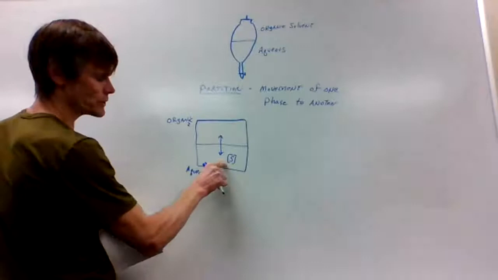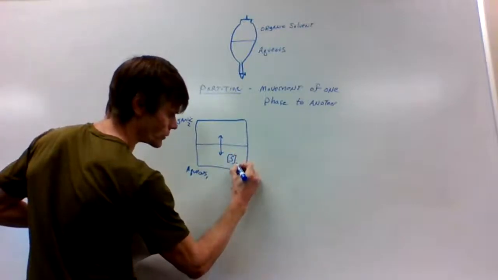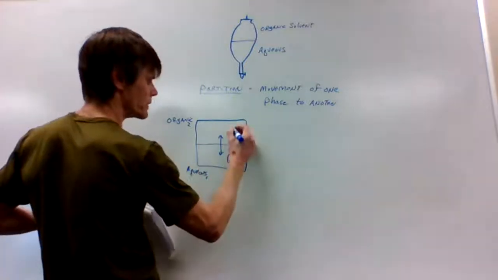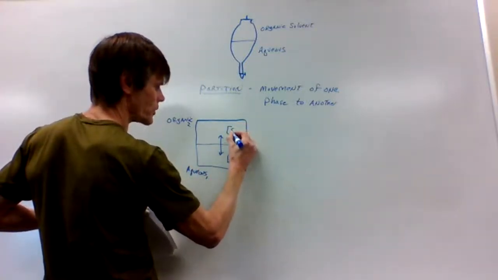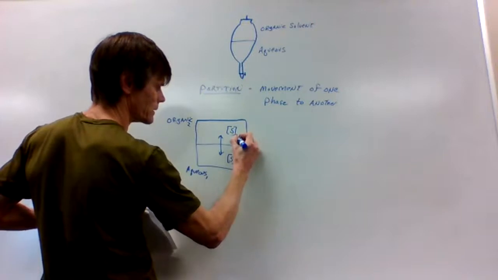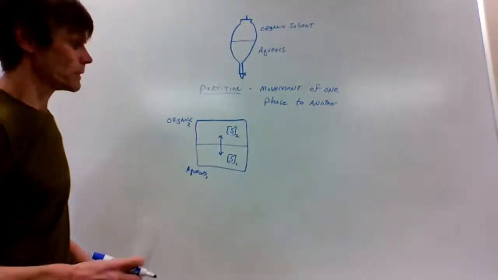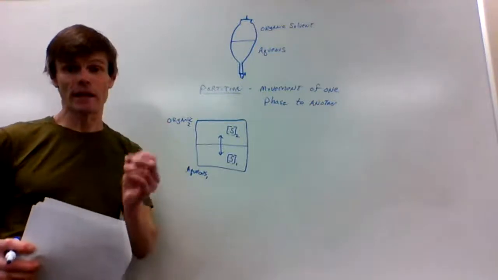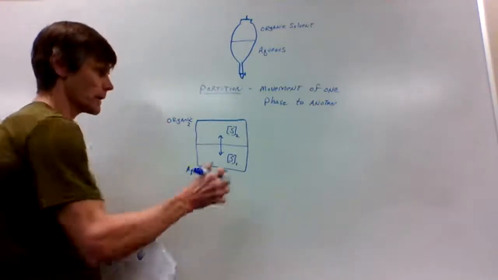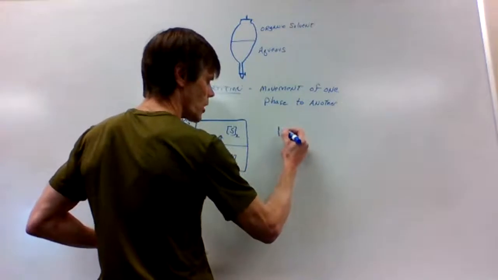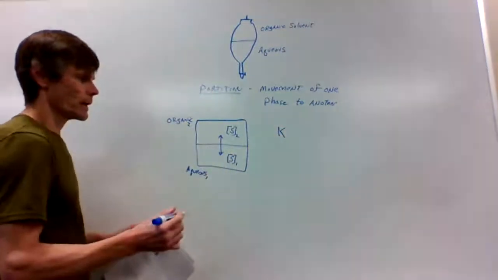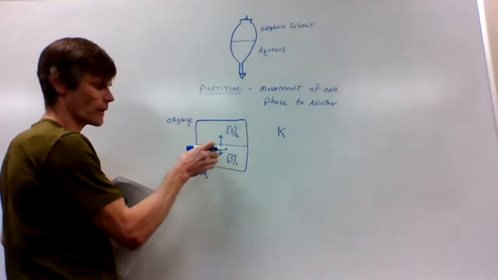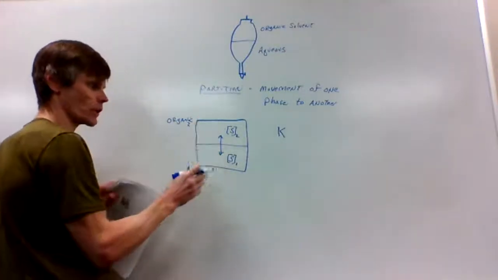This is going to be the concentration of our solute, our analyte, in phase 1, our aqueous phase. And this is going to be the concentration of our analyte in phase 2. And again, the double-sided arrow informs us that there's an equilibrium occurring, and we can define this equilibrium constant K. And again, we're looking at this directionally as going from the aqueous phase into the organic.